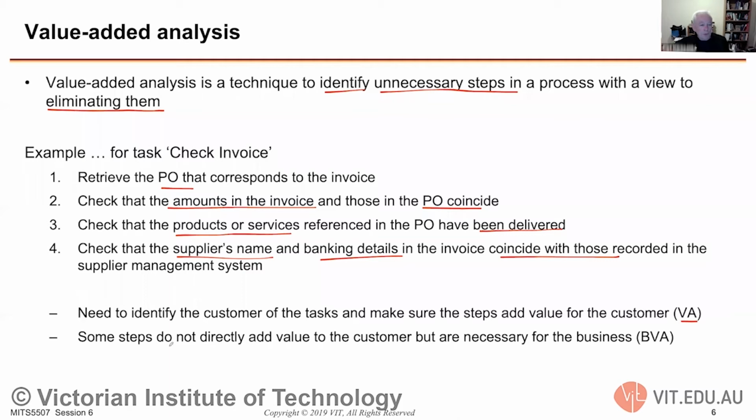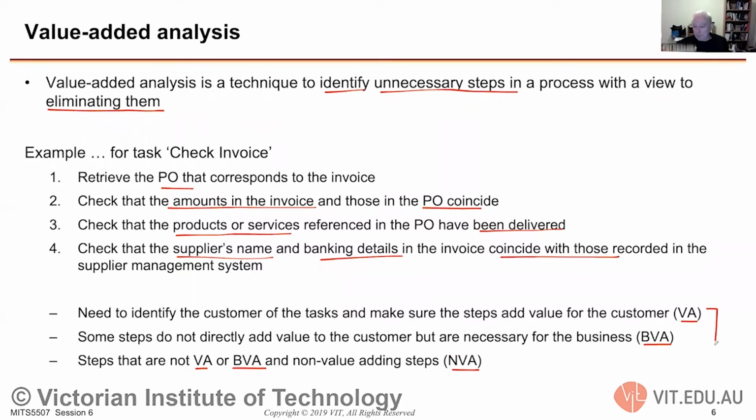Some steps won't directly add value to the customer, but they might be necessary for the business to undertake to fulfill the business process, in which case these might be business valuating. And some steps which aren't valuating or business valuating are non-valuating steps. So we classify the steps or the tasks we undertake into either valuating, business valuating, or non-valuating. These two are okay. This one down here is not okay.